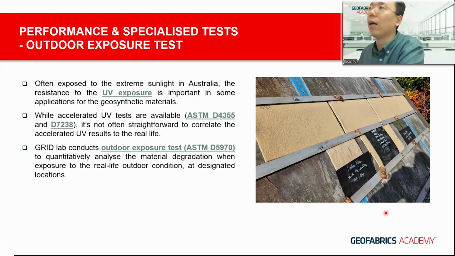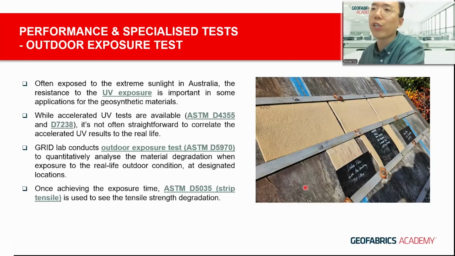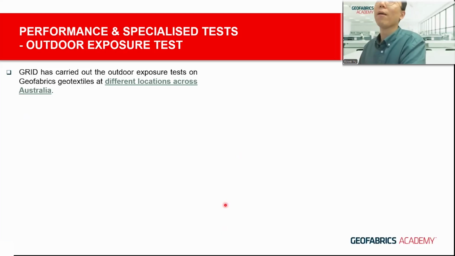And this is the UV exposure rack we have here just outside the laboratory. And once achieving the exposure time, for example 3 months, 6 months, a year, we will take off the sample, cut the specimens and test them using D5035 to see the tensile strength degradation, using that as an indication of how the degradation happened.